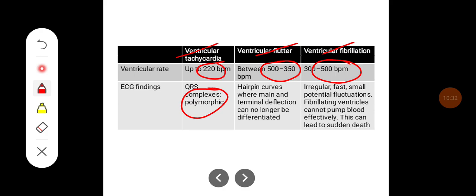In flutter, you can see hairpin curves where the main and the terminal deflection can no longer be differentiated. Whereas in fibrillation, the complexes are irregular, fast, small potential fluctuation. Fibrillating ventricles cannot pump the blood effectively, and this can lead to sudden death.